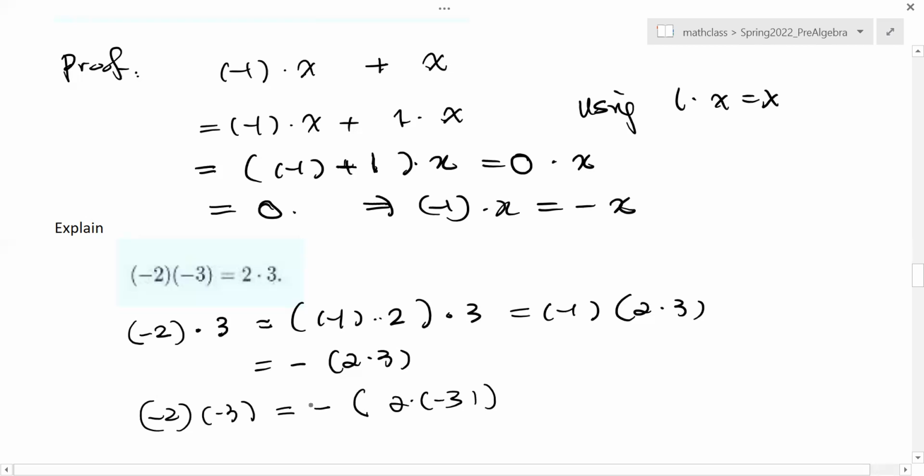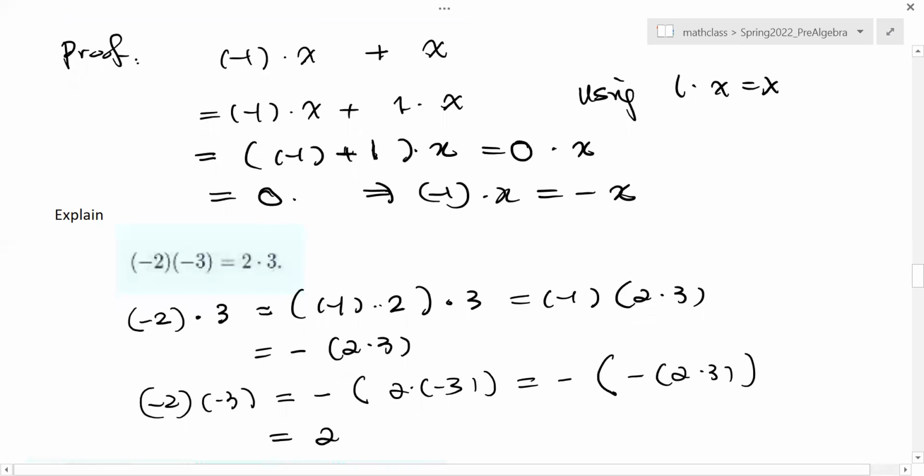You can take this negative sign out, and then 2 times -3 is -2 times 3. Now you have a negative, remember, and that's going to be 2 times 3. Remember, negative negative x is going to be x. We already did that. So I should put the -3 here, and using this fact, I can continue and answer this question.